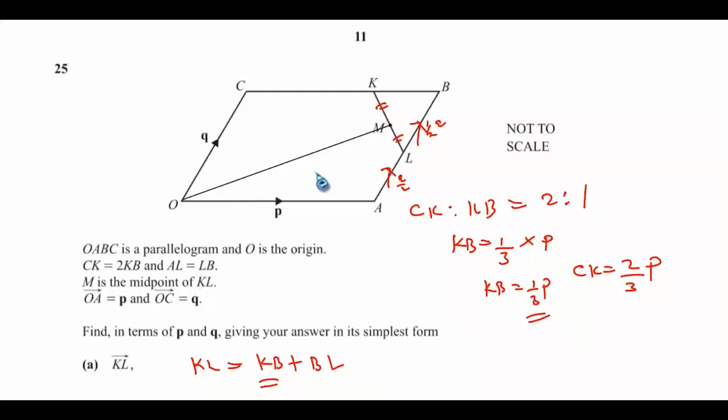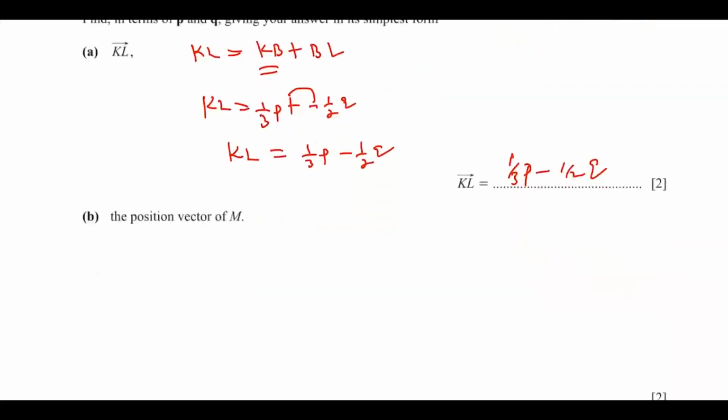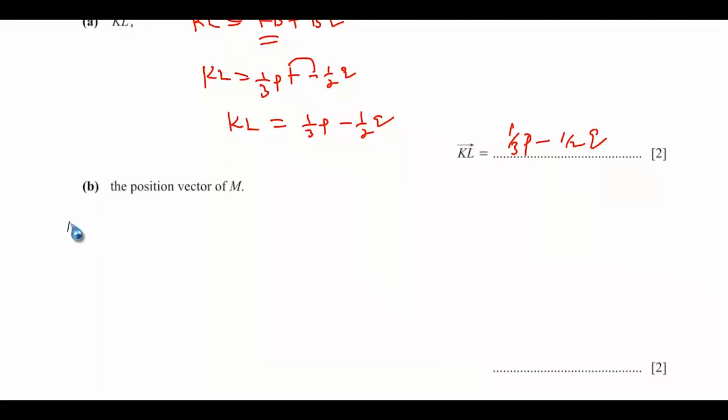We will say OM is equal to OC plus CK plus KM. So let's scroll down and write that. Vector OM will be equal to OC plus CK plus KM.